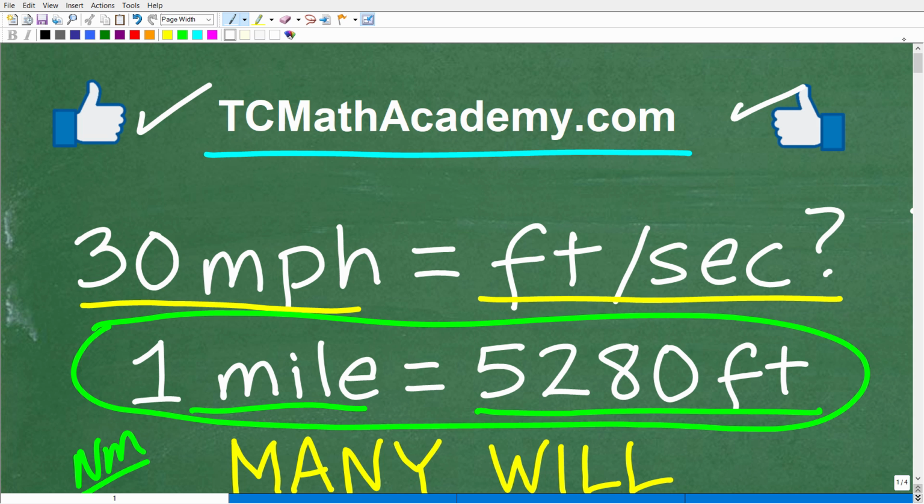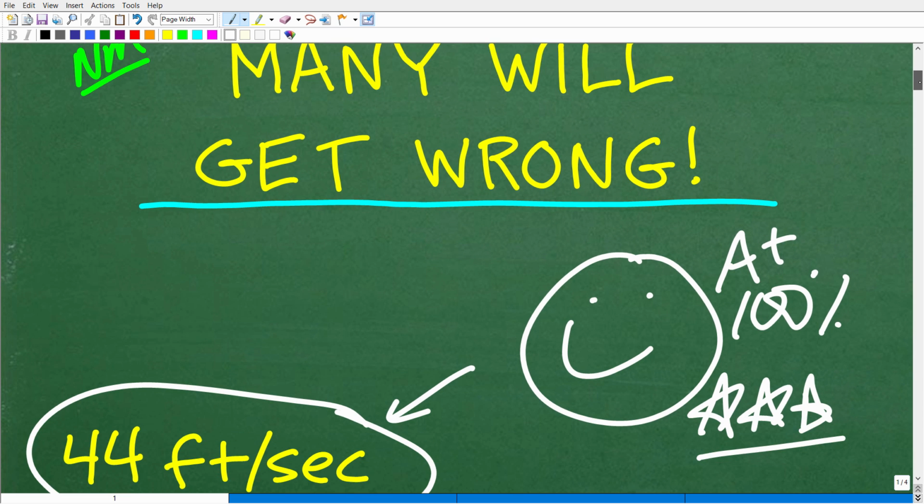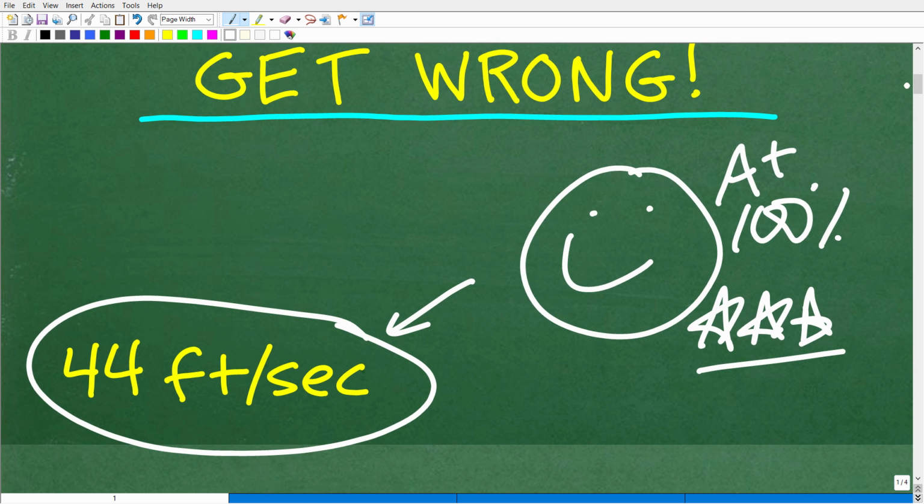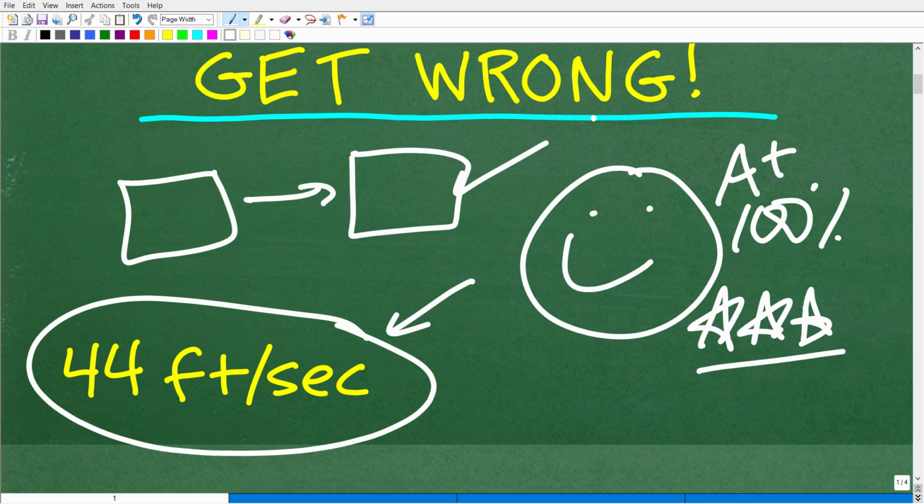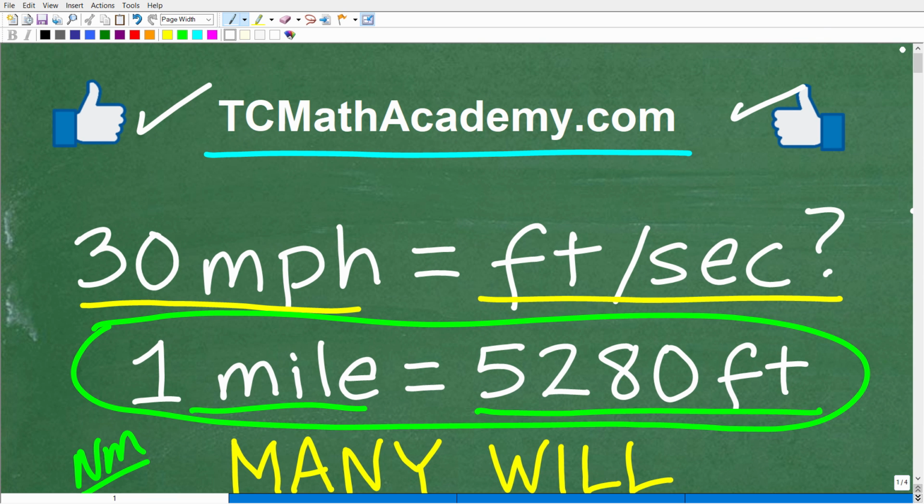But what you want to do is to have the confidence that you have the right idea, or at least be convinced that if you're going from one unit to another unit, this is in fact the correct unit, and that's important, not only in academics, but in real life, especially if you're in construction, trade, etc.